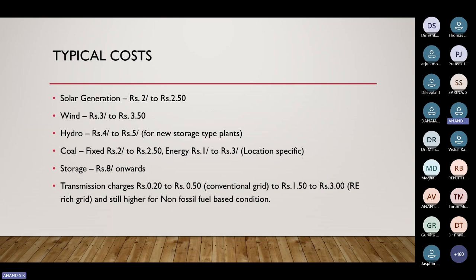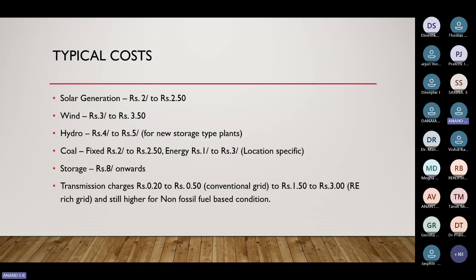Now coming to the typical cost, the solar generation may be costing you roughly 2 to 2.5 rupees per unit. Maybe even less than 2 rupees also. The latest tender has discovered rates less than 2 rupees also. But if you're going for a tender in Kerala for developing solar generation, the cost could be something around 3 to 3.5 rupees, basically because of the cost of land and the reduction in the actual generation.